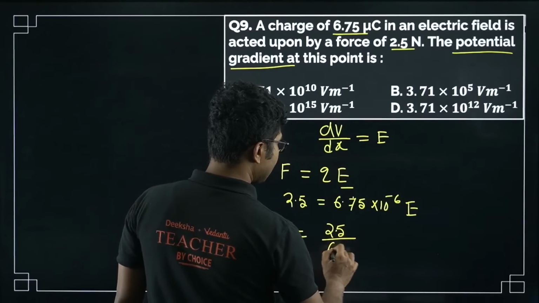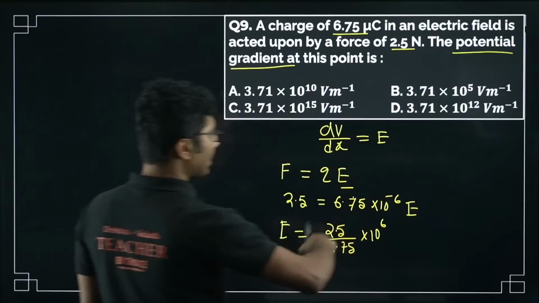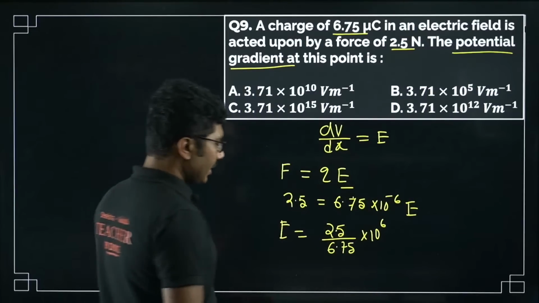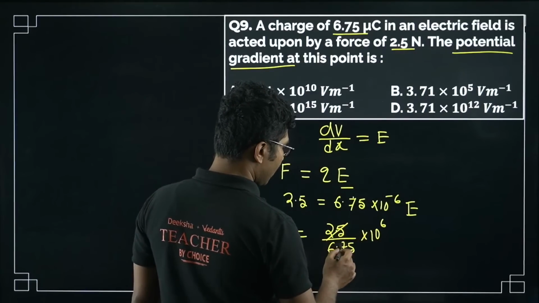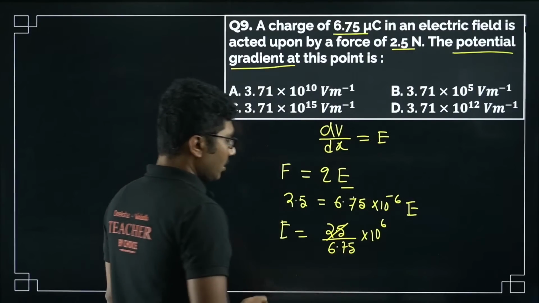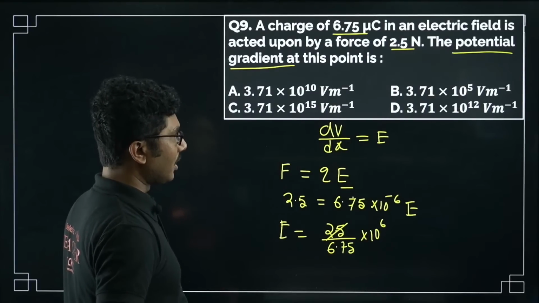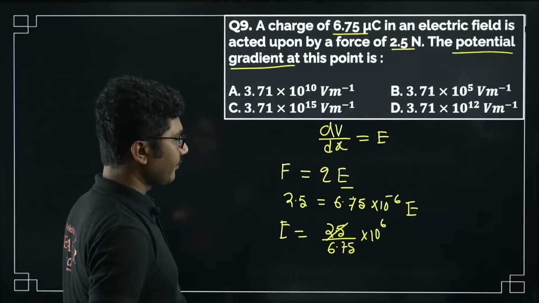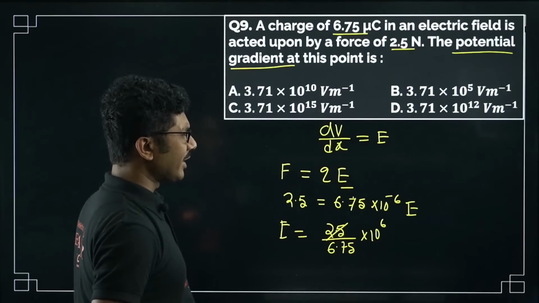2.5 divided by 6.75 into 10 to the power of minus 6. This will come across, so it will be 10 to the power of plus 6. Now I think it will be 5, a decimal will be removed. 25 into 25 is 625, but it is not 25. 25 into 26 is 650, 25 into 27.